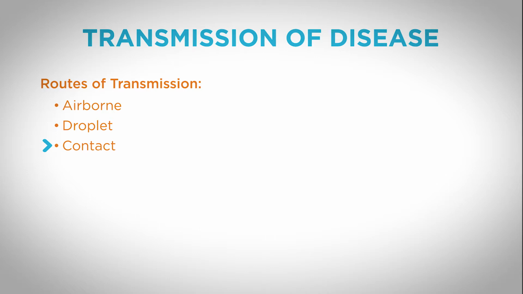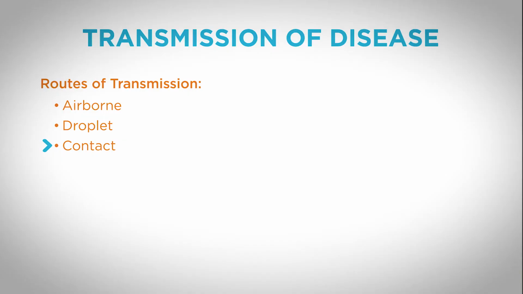That could be by direct contact, or by indirect contact. Direct contact is transmission between 2 animals that are contacting each other directly. Indirect contact, as the name describes, is an animal that comes in contact with a contaminated object. It could be an instrument, it could be a surface, and it acquires the infection through those indirect means.